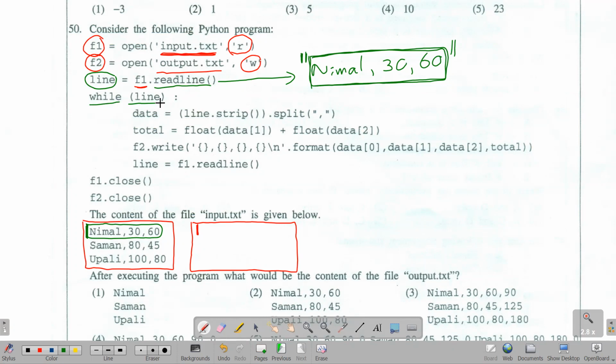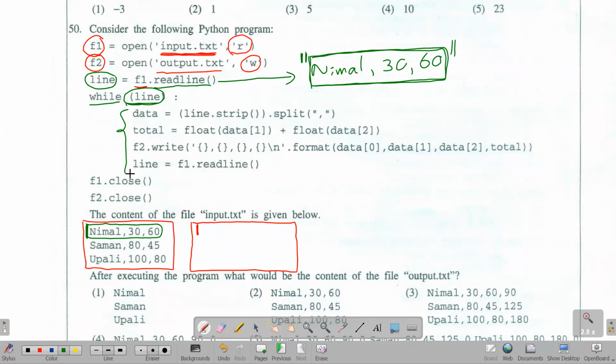As I told you, if a variable does not hold a 0, or the Boolean value false, or None, other than those cases, it indicates 1 or the value true. So the while line means while true, in other words. If this indicates true, these things are going to be executed.